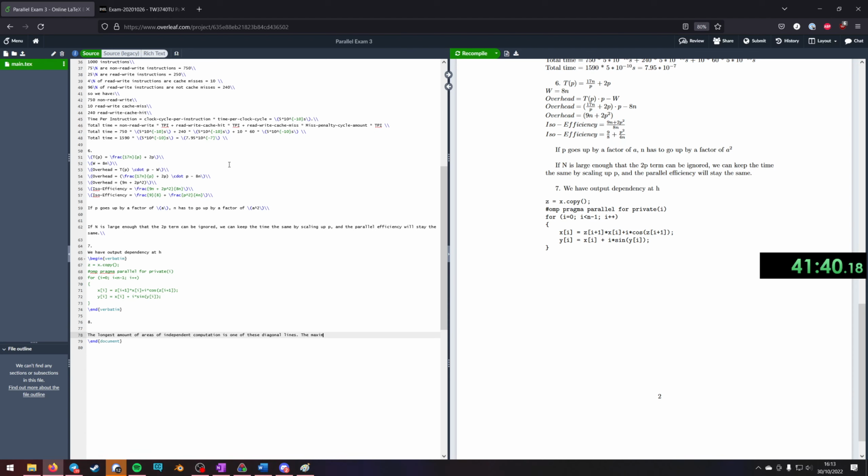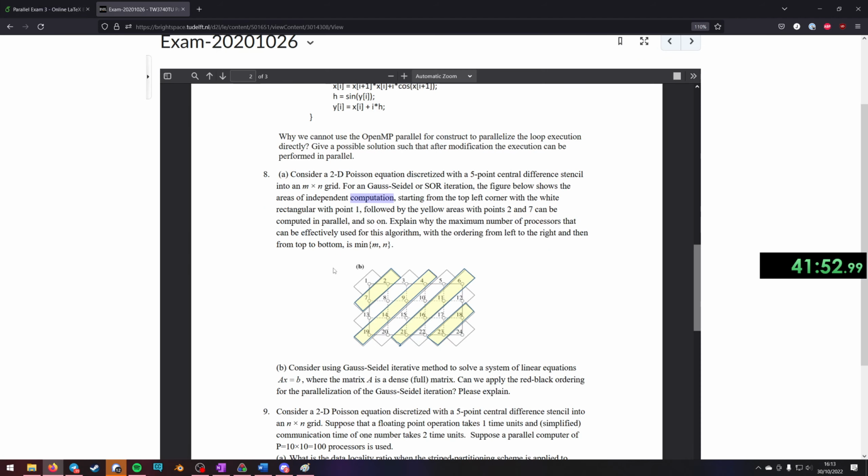The maximum length of one of these diagonal lines is min of n and m. I hope I'm not going to have to explain geometry to them, because I'm very bad at that, honestly.